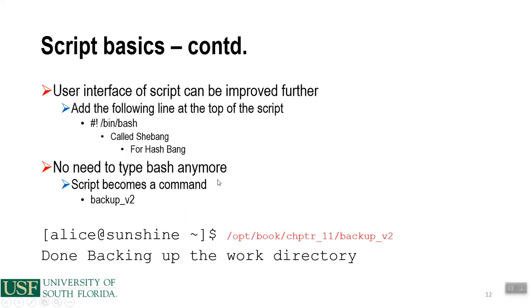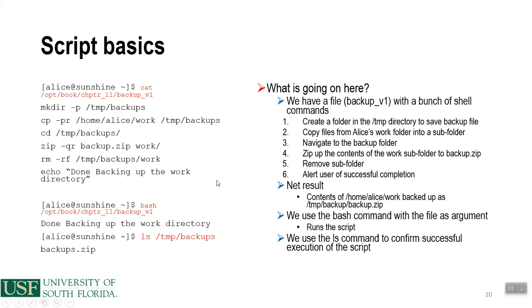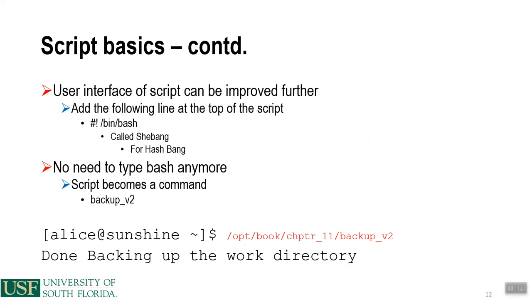Now, this is actually a very, very simple script right here, and it allows us to execute these particular tasks. But we can make what's called the user interface of the script better. What we can do is add at the top of the script a hash !/bin/bash.